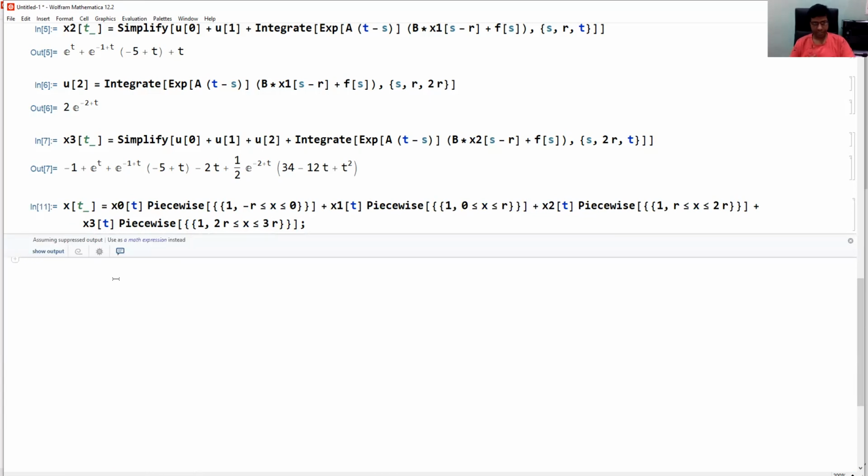We can plot this solution. So let us see, Plot x of t. Now we can have t from minus r to 3r.